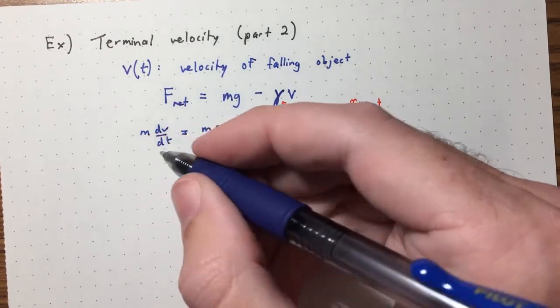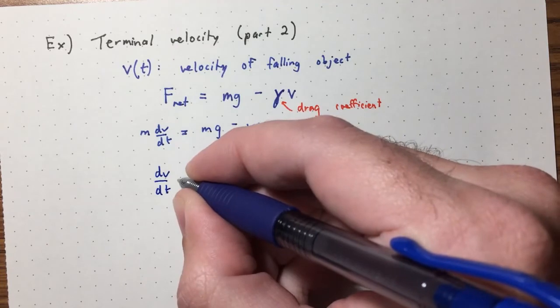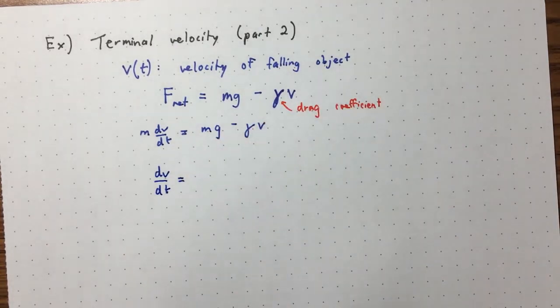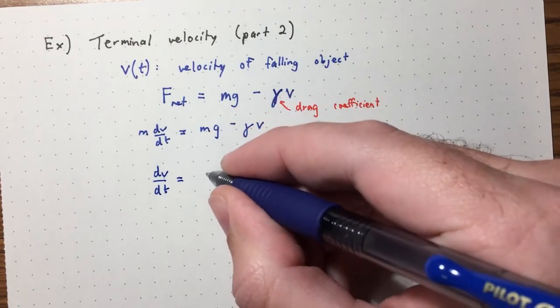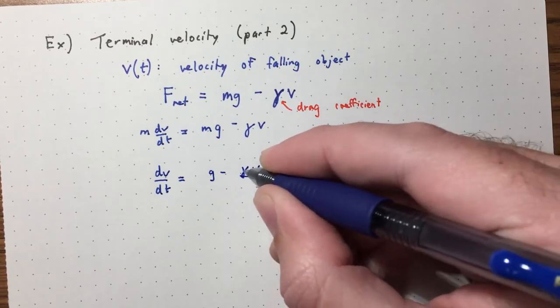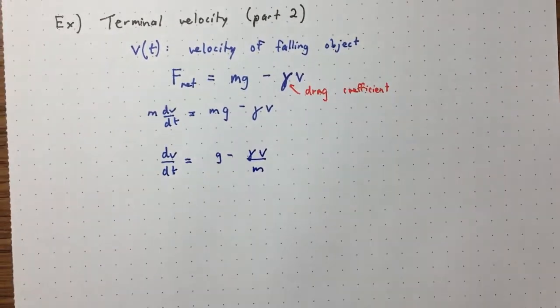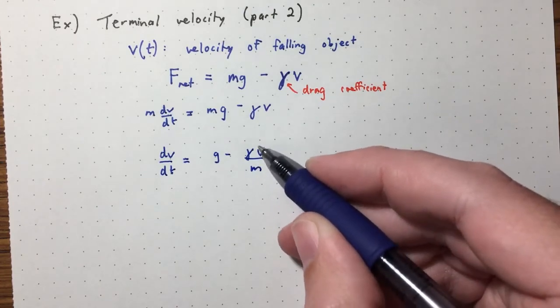Okay, so I'll divide by this m, so dv/dt equals g minus gamma v over m. And then, just because it makes it easier, I'm going to try to just isolate the v.